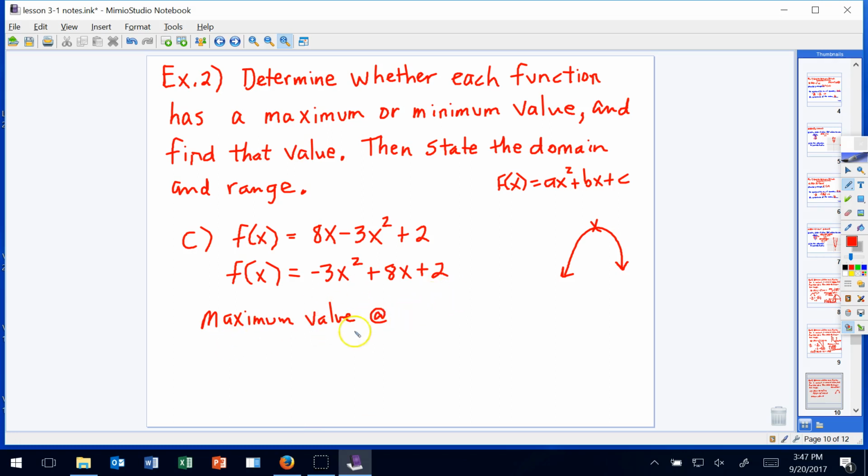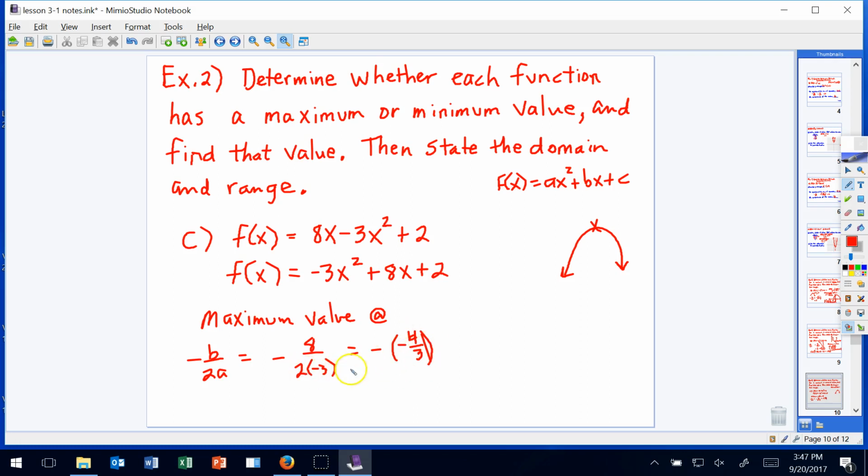The vertex is the very top, so we're going to have a maximum value at, okay, let's see, opposite of b over 2a, opposite of 8 over 2 times negative 3. So that's the opposite of negative 8/6, which reduces to negative 4/3.